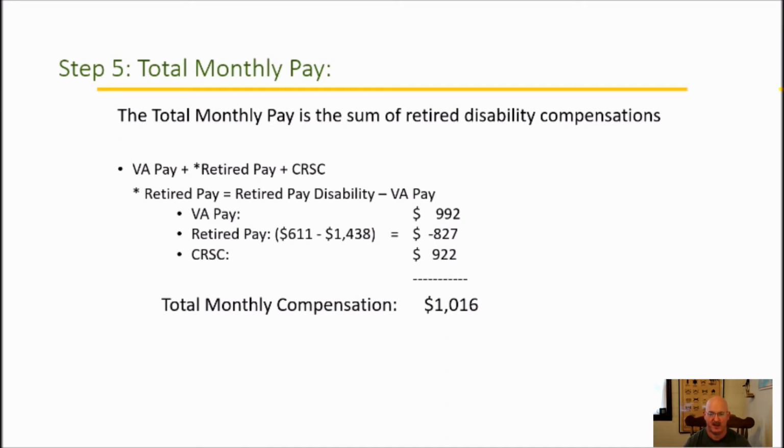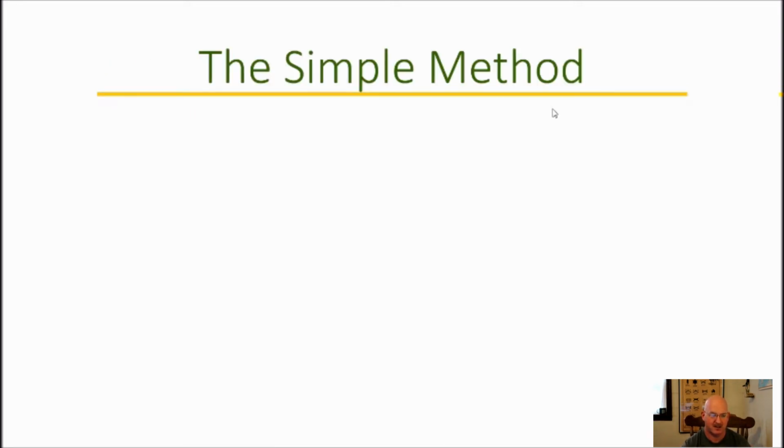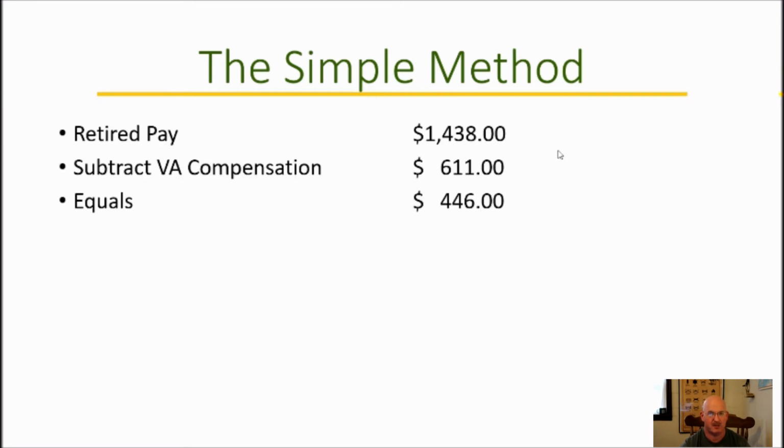Now this is DFAS doing funky math, and I know I've just blown a lot of people away with weird math. I'm now going to show you the incredibly simple way to do this. First I show you the hard way, then I show you the simple way. So here we go, the simple method.